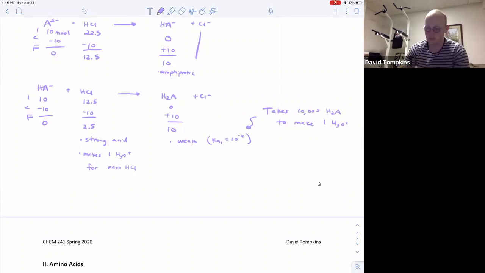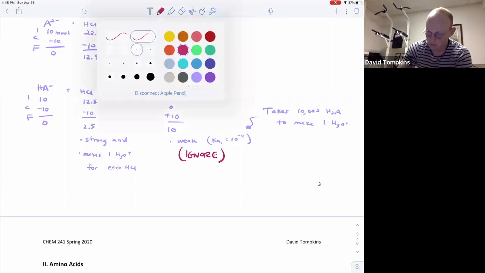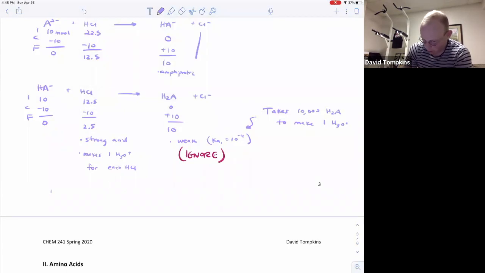So whenever you have a weak acid and a strong acid, I don't care what the relative amounts are. I don't care that this one is 4 times as concentrated compared to the HCl. You completely ignore the weak one, and you just think about it as a strong acid problem, where you know the pH is going to be negative log of the excess HCl concentration, because it totally dissociates.